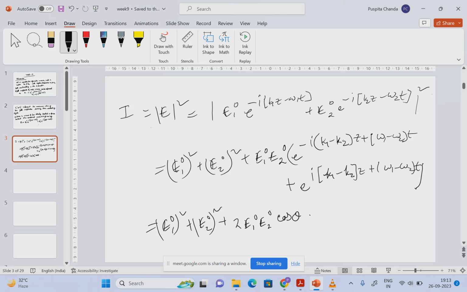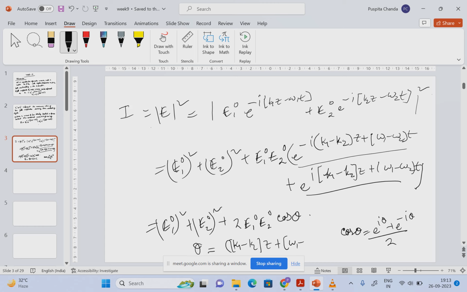We can write this term as a cos theta, because we know cos theta is equal to e to the power i theta plus e to the power minus i theta by 2. So here theta is (k1 minus k2) z plus (omega 1 minus omega 2) t.